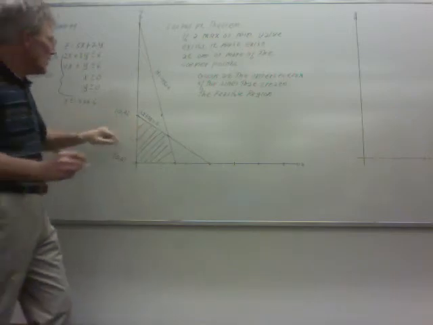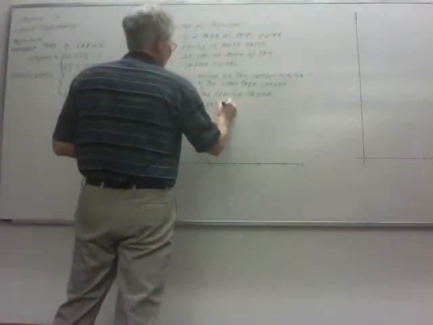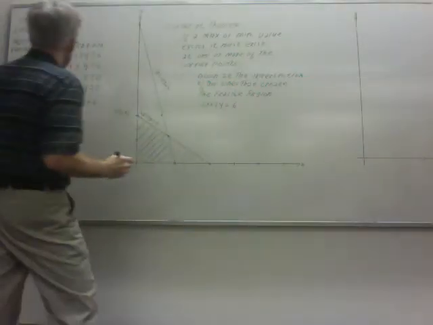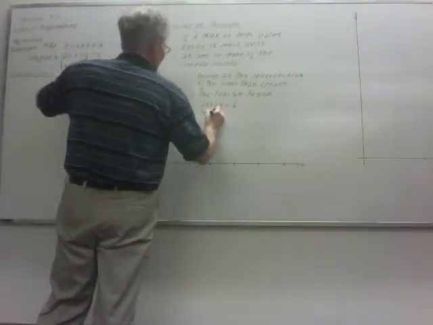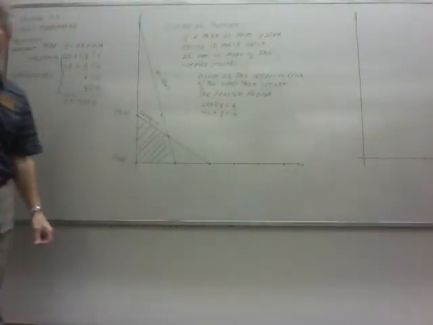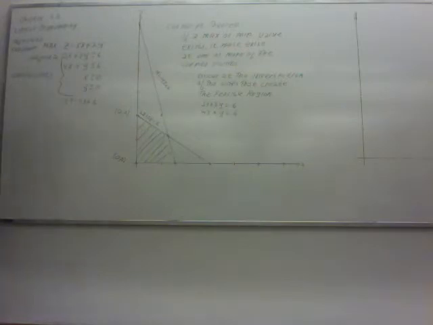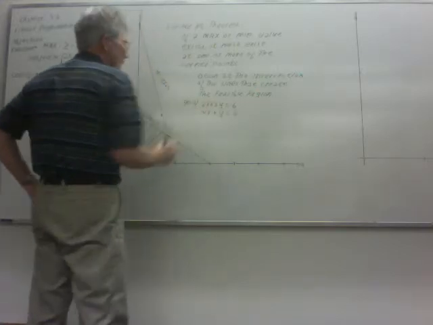Well, the equation of this line is 2x plus 3y is equal to 6. The equation of the other line is 4x plus y is equal to 6. And again, I'm going to use elimination, which we just did on the last test. I'm going to multiply this equation by -2, to get rid of the x's.